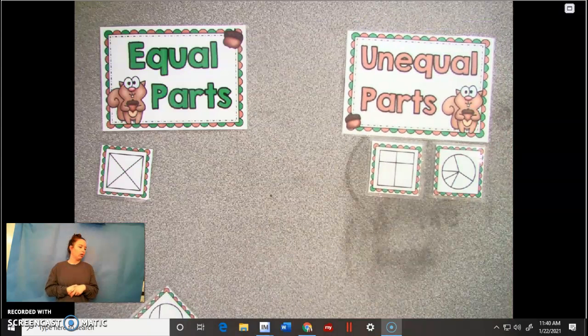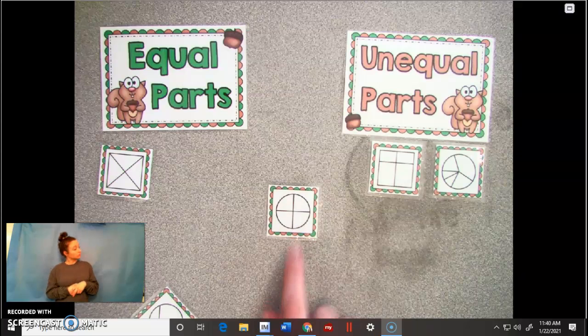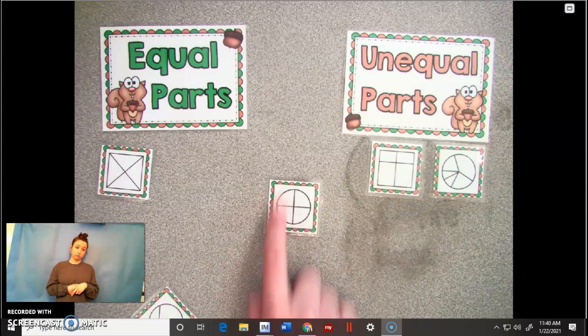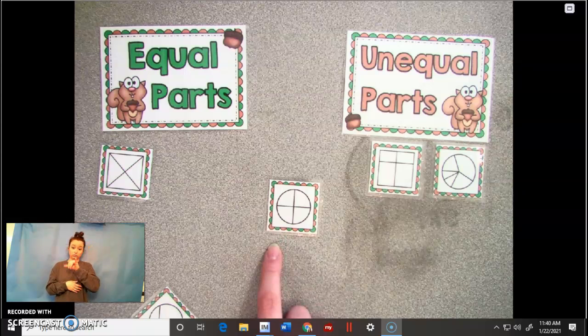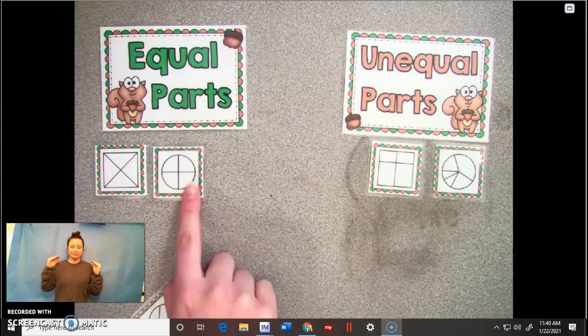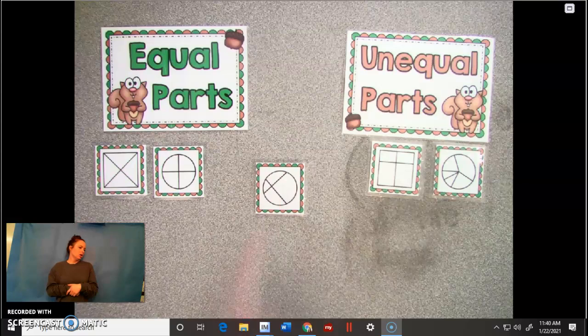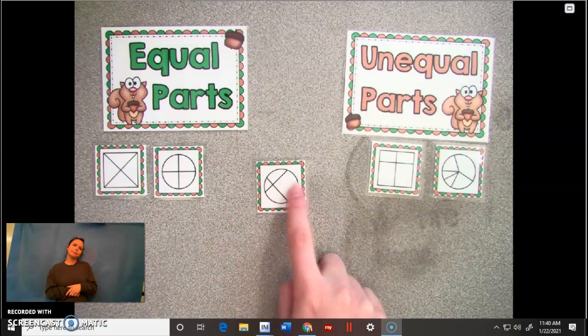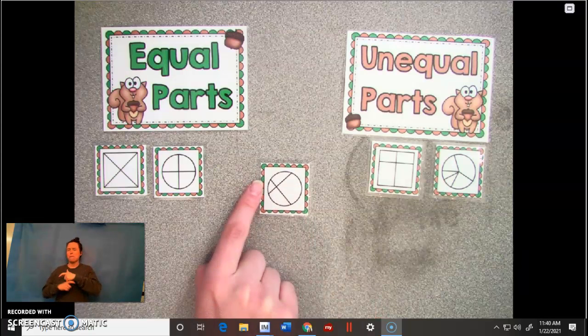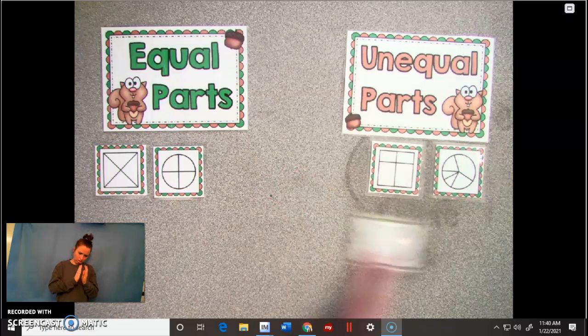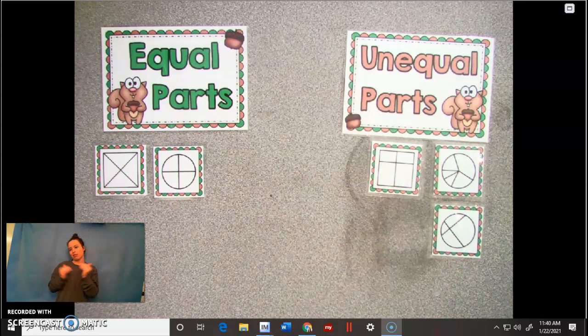All right, let's look at this circle. He's got 4 pieces. Are they all the same? Yes. So he goes over here to equal. What about this circle? No, he's got a really, really big piece and a really, really small piece. So he's going to go to unequal.